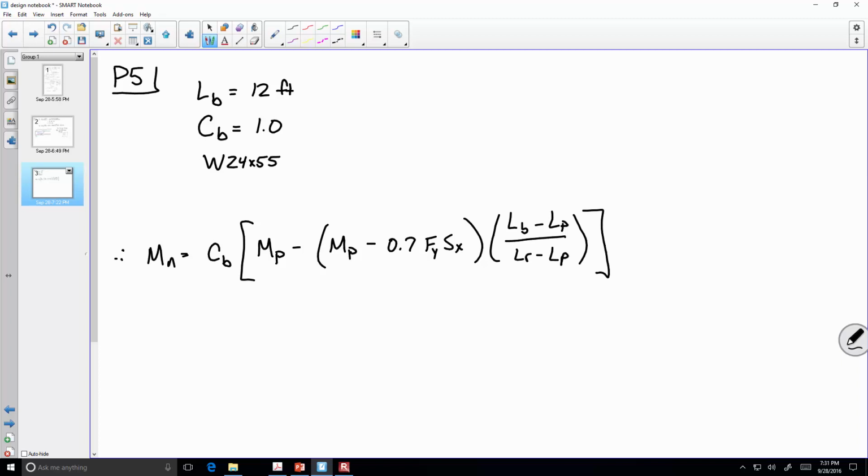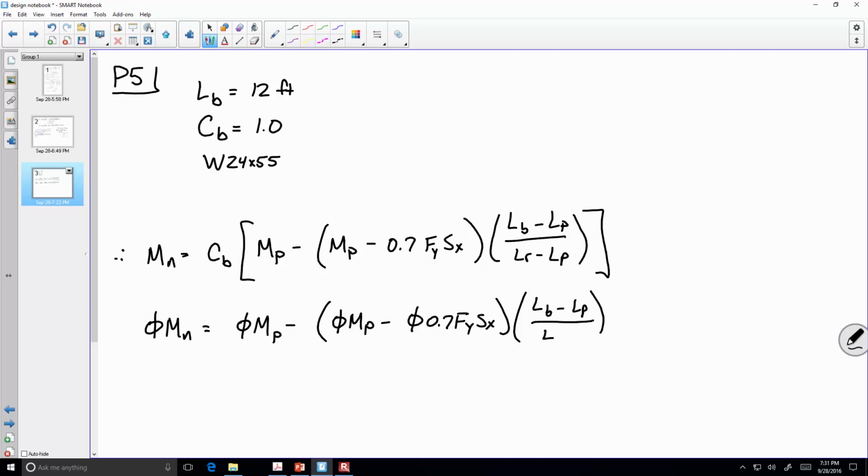First off, CB is 1, right? So that can just go away because 1 times anything is itself. Everybody good? That's point 1. Point 2, would you then agree with me that phi Mn would be phi MP minus phi MP minus phi 0.7 Fy Sx, LB minus LP over LR minus LP. Would you agree with that?